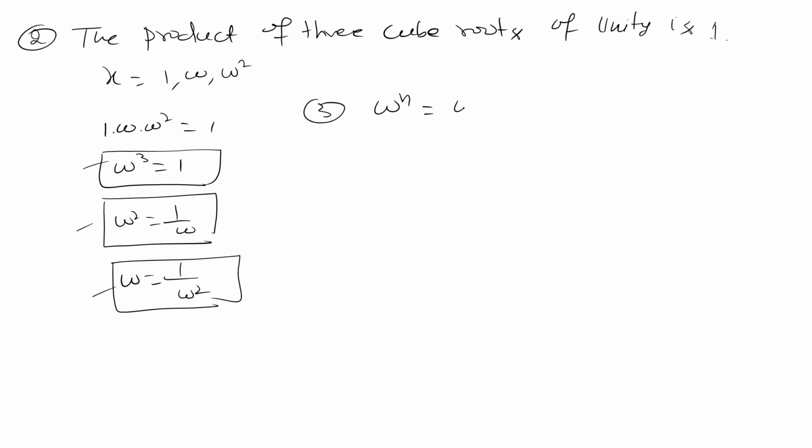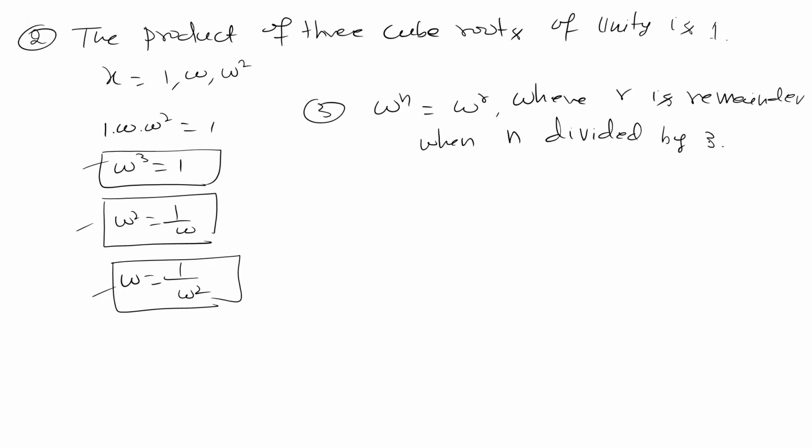Now the third important property is, if we have omega to the power n, we can write omega to the power r, where r is the remainder when n is divided by 3, right?